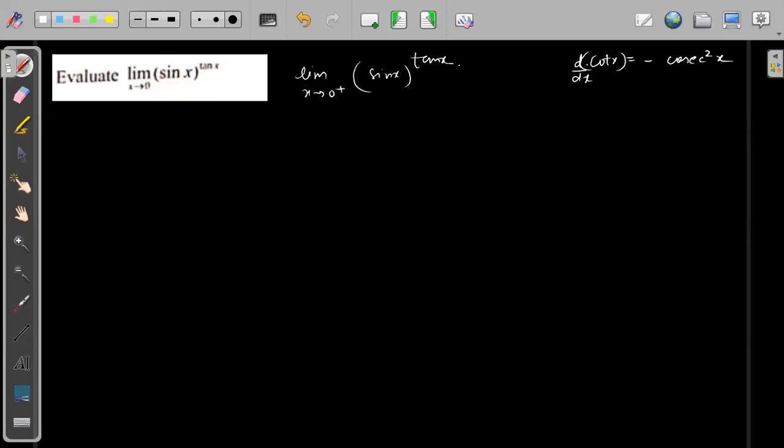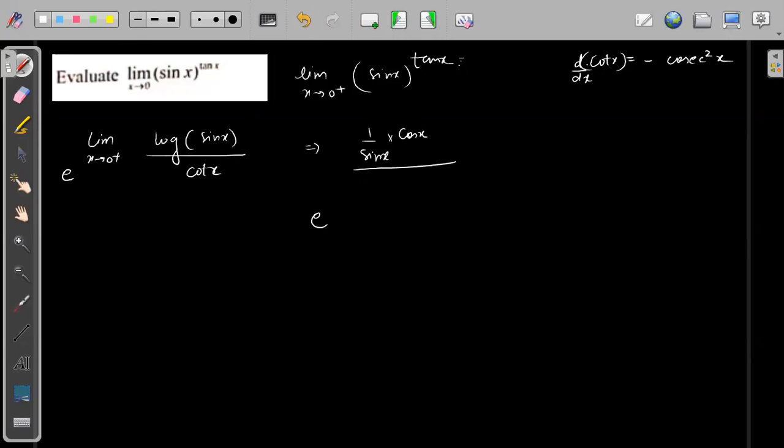We can write tan x as sin x upon cos x, but even if you do not want to, this whole thing will become e to the power limit of x tending to 0 plus of log sin x divided by cot x. Again, the differentiation of log sin x is 1 by sin x into cos x, whole thing divided by minus cosecant square x. This whole thing will become 0, so this is minus e to the power minus 0, which is nothing but 1. So again, for this one also the limit is 1.